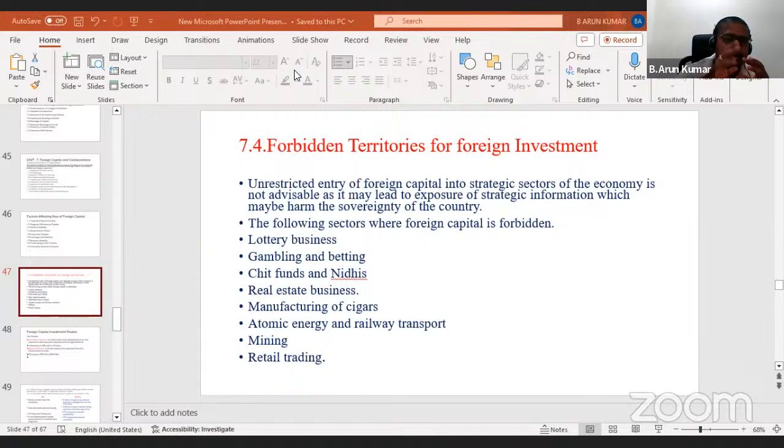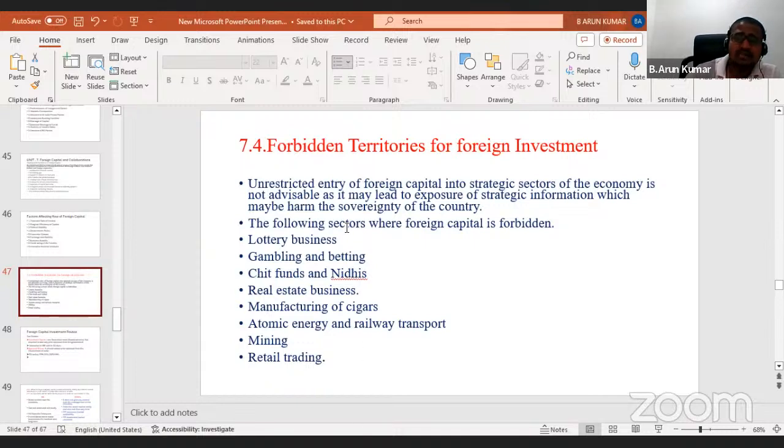Likewise, India also restricted some areas from taking foreign capital, that is the lottery business, gambling business, chit funds and nidhis, real estate business, manufacturing of cigars, atomic energy, railway transport, mining, and retail trading.